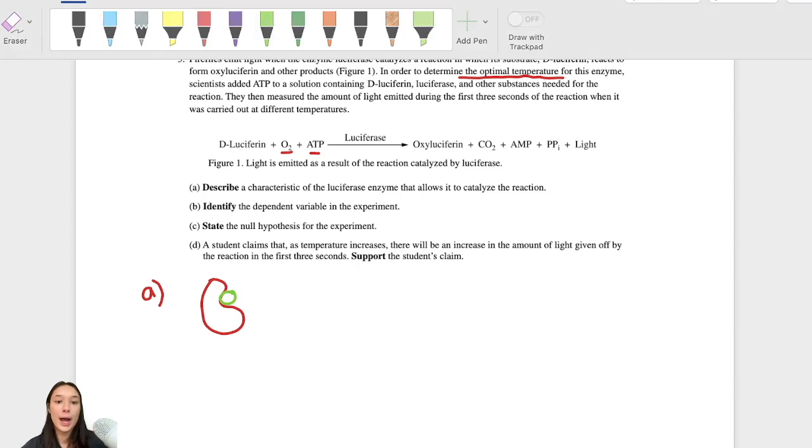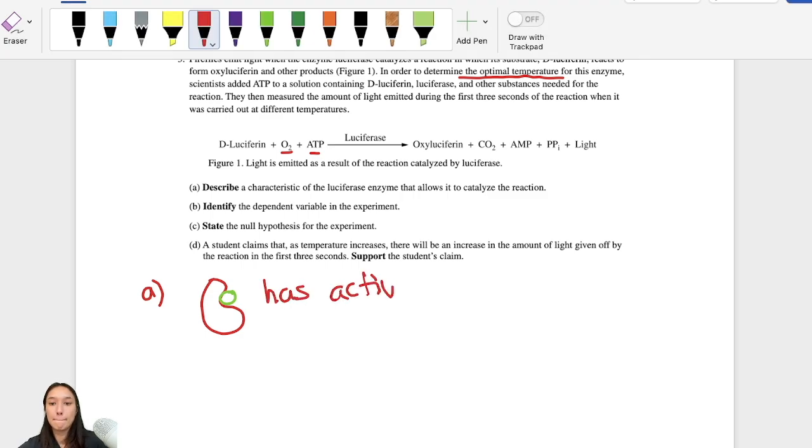So for this one, I would say it has an active site or a shape that binds with the substrate. Has active site. Or you could also say shape that binds with substrate.